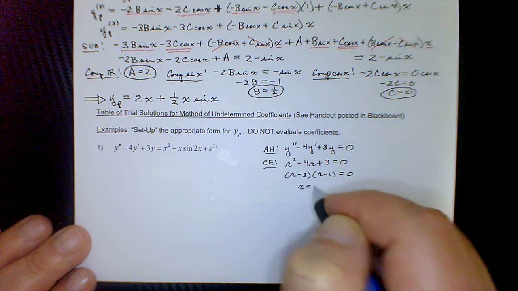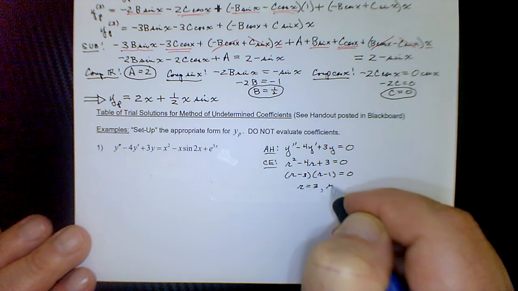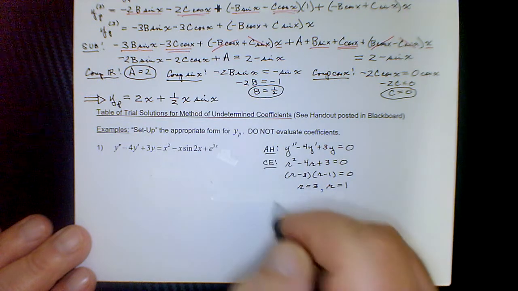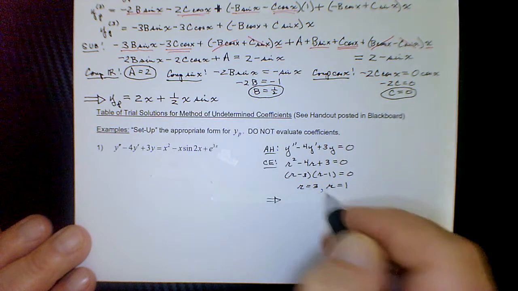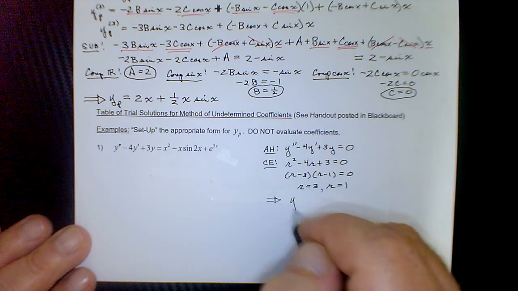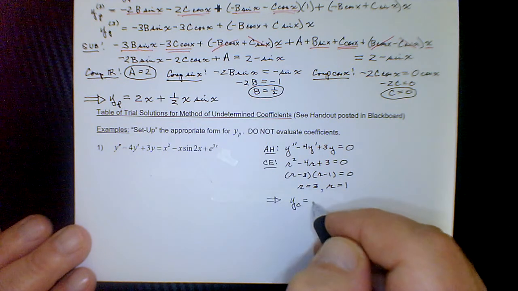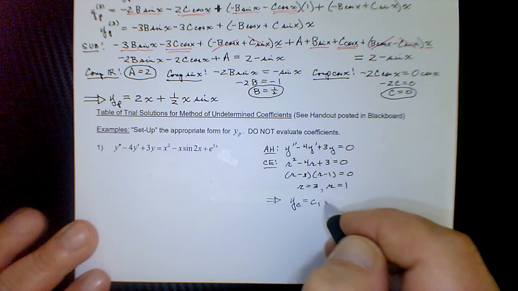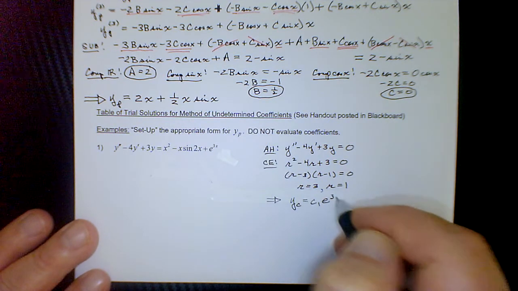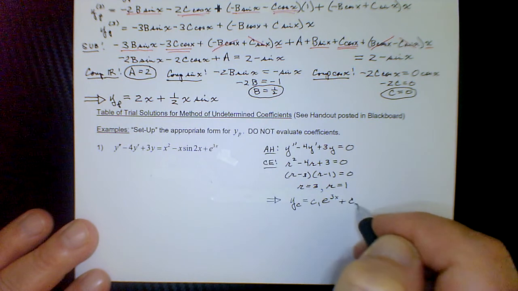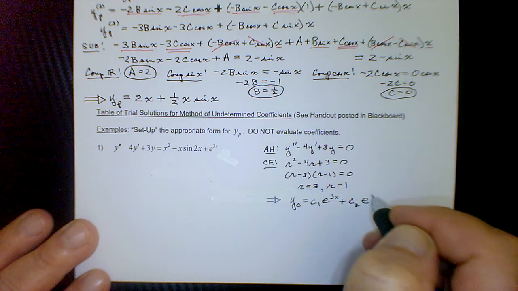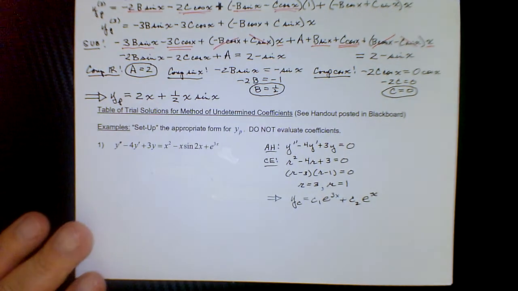So r is 3 and r is 1. Those are both real distinct roots. So the complementary solution would be c1 e to the 3x plus c2 e to the 1x, or just simply e to the x. Okay, now we have to make our guess.